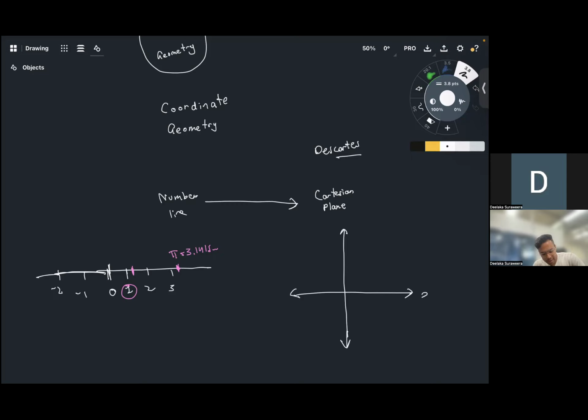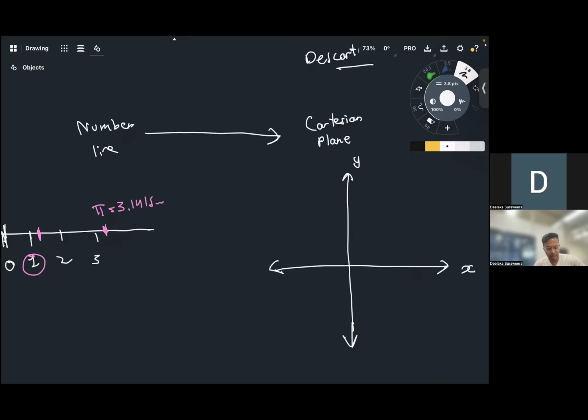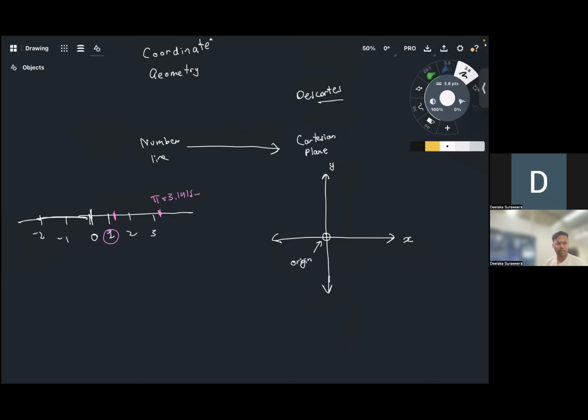And this horizontal one is called the x-axis. And the vertical number line is called the y-axis. And in fact, these two number lines meet at 0. So x is 0 and y is 0 at this point, and it's called the origin because of that. Does that make sense? This is just definitions. So x is the horizontal, y is the vertical, and this is the origin.